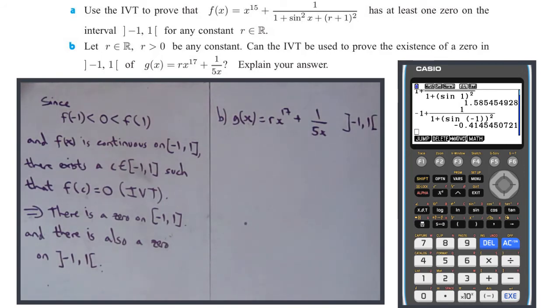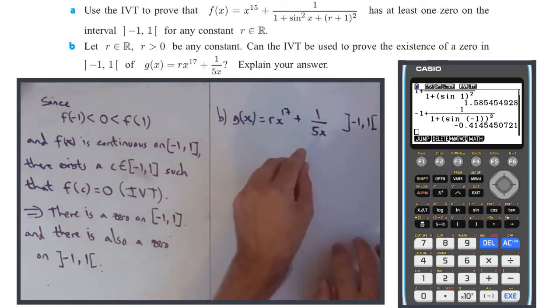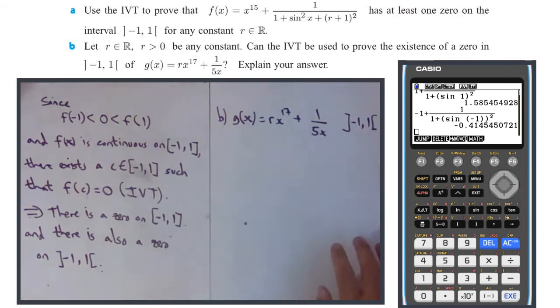Hopefully you can look at that and realize that we have a problem immediately. Remember, to find zeros with the intermediate value theorem, you need to show a sign change between the two endpoints, but you also need the function to be continuous across the whole of that interval, and it clearly isn't, because if x was 0, this function is undefined, right?